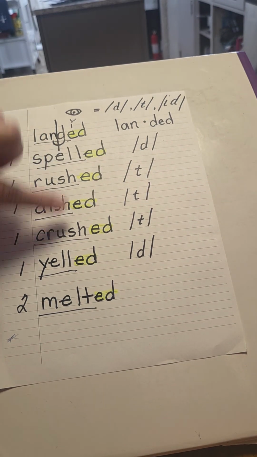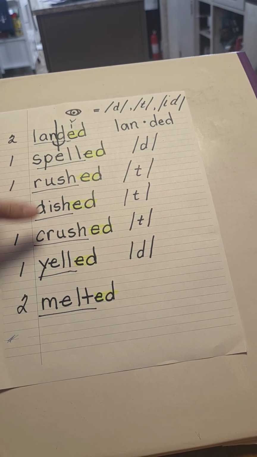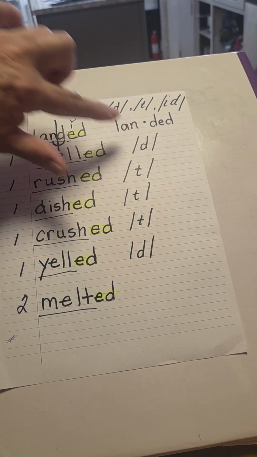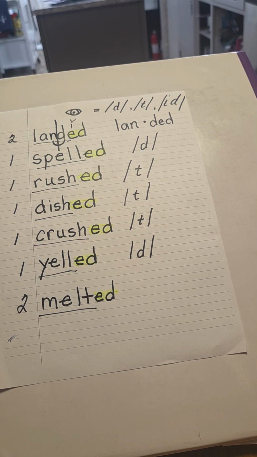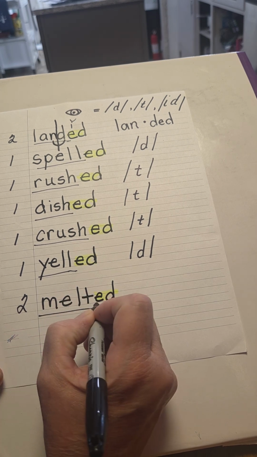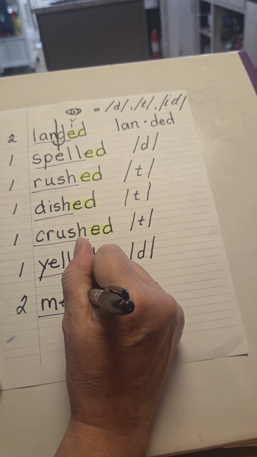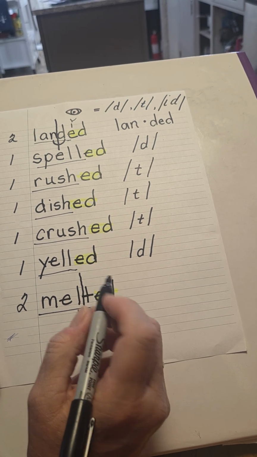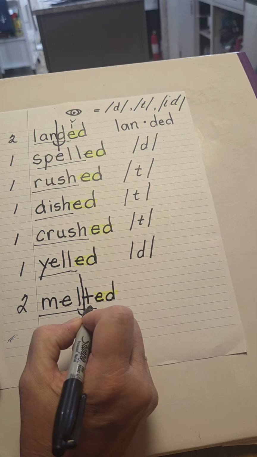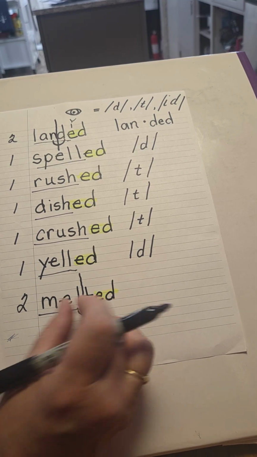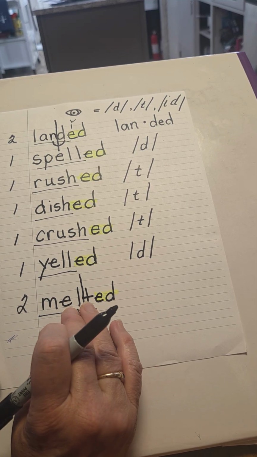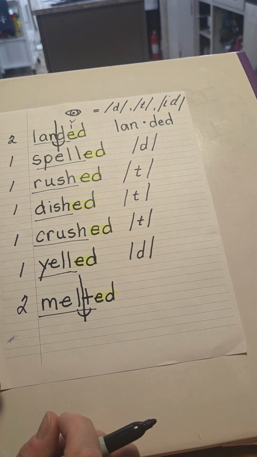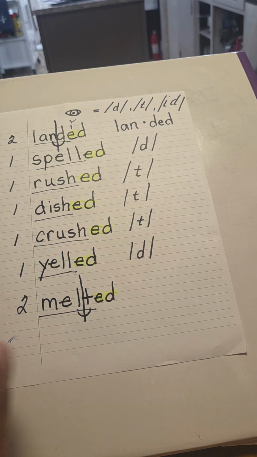Hey, double L and double L spelled yelled. So double L's, there's a clue for you. Double L's will have a D. Melted. Oop, I heard them both. This is where I heard it. I broke the blend. There is a rule. See the smiley face? There is a rule that says when a one-syllable word ends with a blend like LT or ND, when you put ED on the end, you split it.